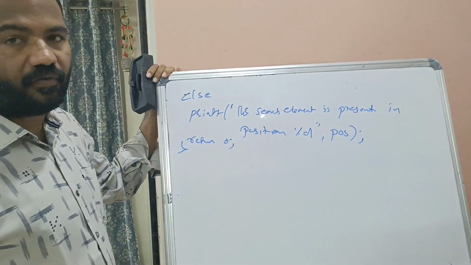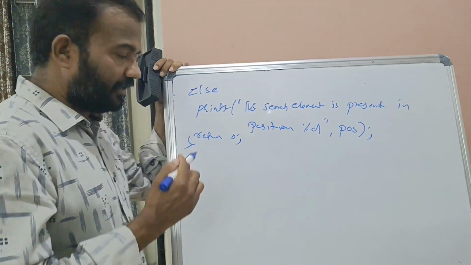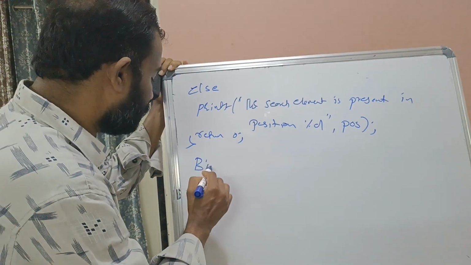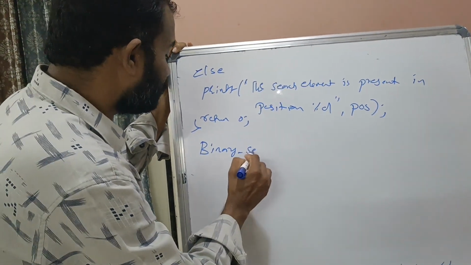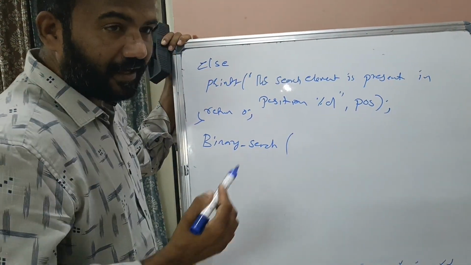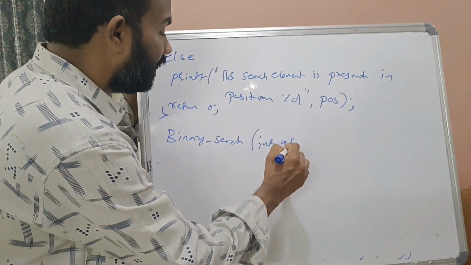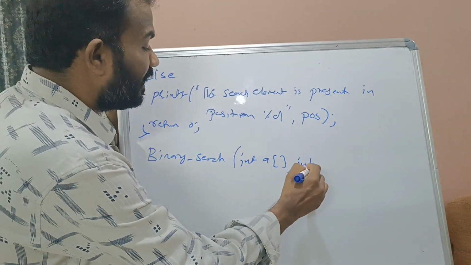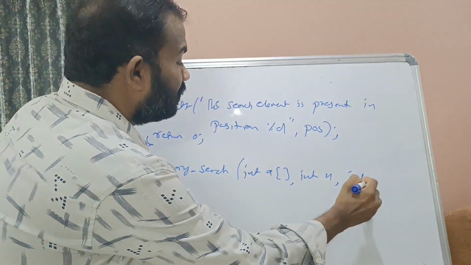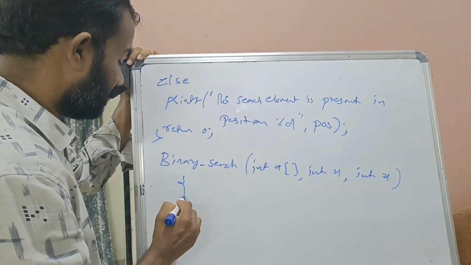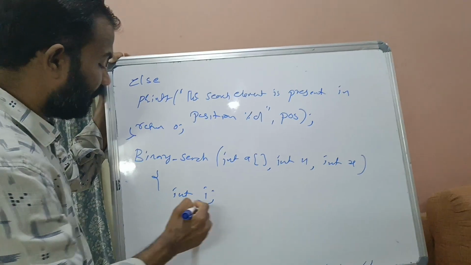Close this function. Now we have to write the code for binary search. What are the arguments? First one is the array name, int a. Next one is the array size, n, next x. I am going to take simply i.